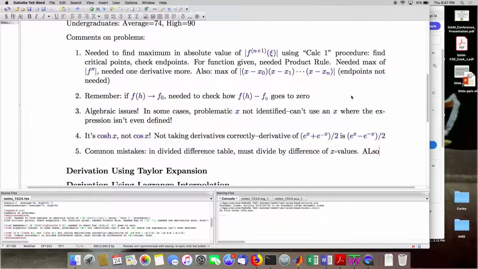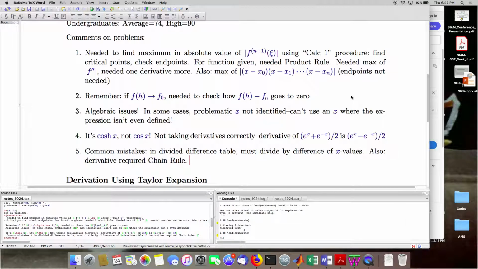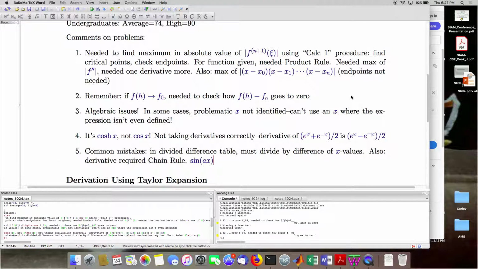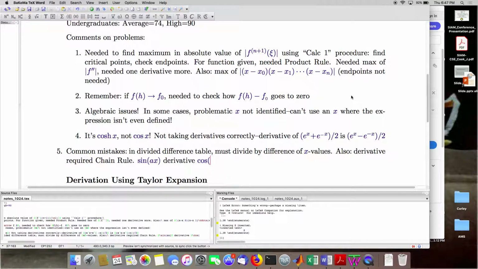Also, for the function in question, you need to take a derivative for the interpolation error. That required the chain rule, which was forgotten. So, for example, if you have a function of this type, sin(ax), where a is a constant, the derivative of that would be cos(ax), and what am I forgetting?